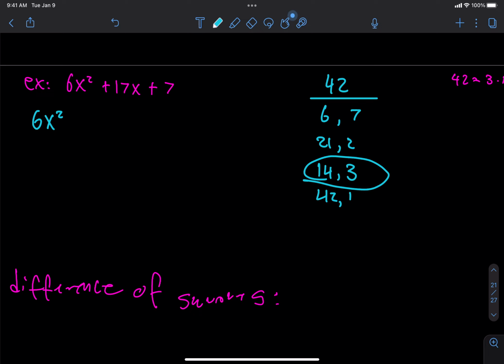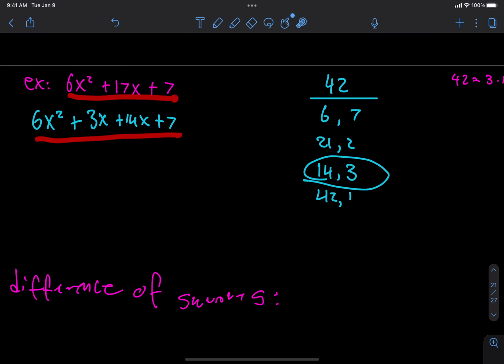So I don't know, let's do 3. So plus 3x plus 14x plus 7. Okay, so now I've expanded this thing. How does that help us? Why is this 4-term polynomial? Isn't 4 terms more complicated than 3 terms? Why is 4 terms better?